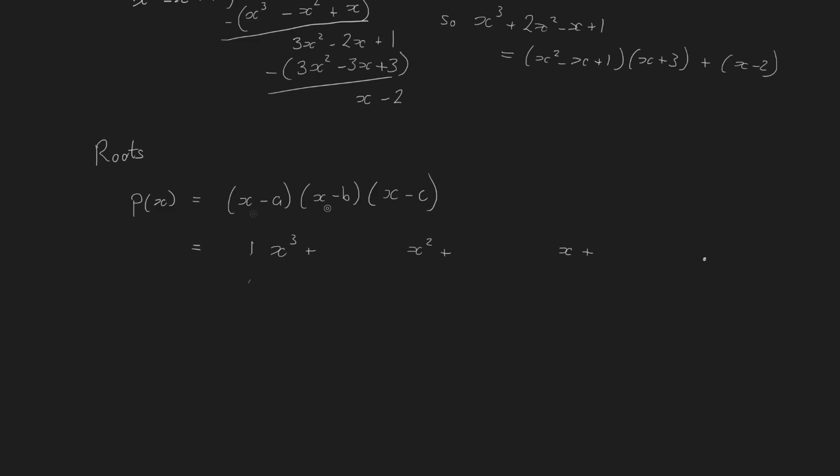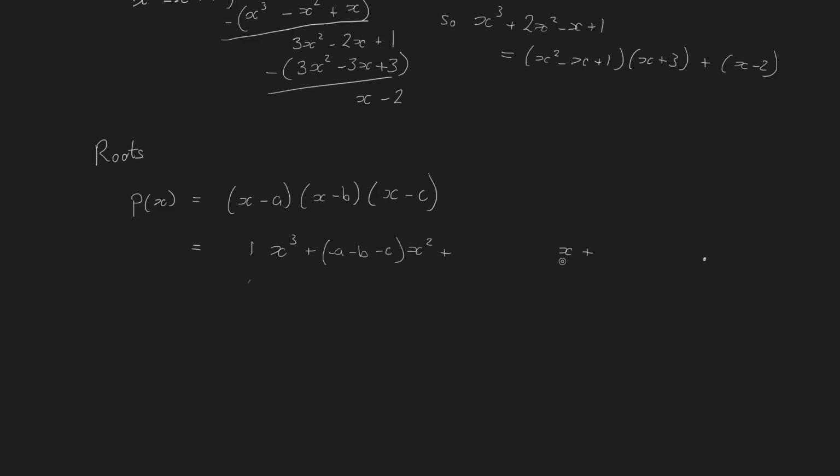And precisely the ways are to take x from two of these factors and not the third. So for example, x from the second and third, but not from the first. So in that case, I'm going to have a minus c by taking this constant and the other two with x, a minus b by taking this as the constant and the other two with x, and a minus a. So what we'll actually get is minus a minus b minus c times x squared.